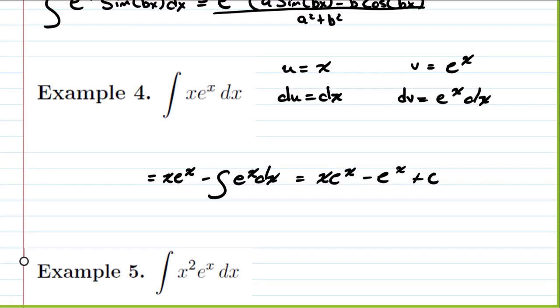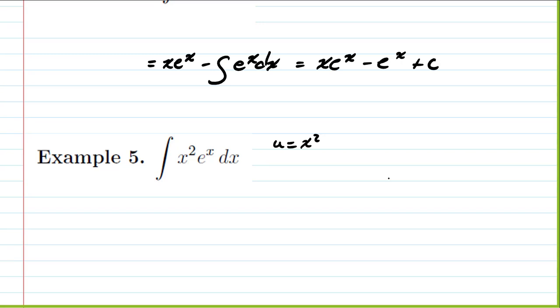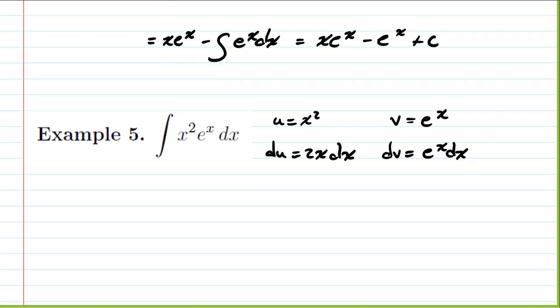So we're going to try the same thing that we did on the previous one. We're going to pick u equals x squared, and we're going to pick dv equals e to the x. So then v is e to the x, and du is 2 times x dx.